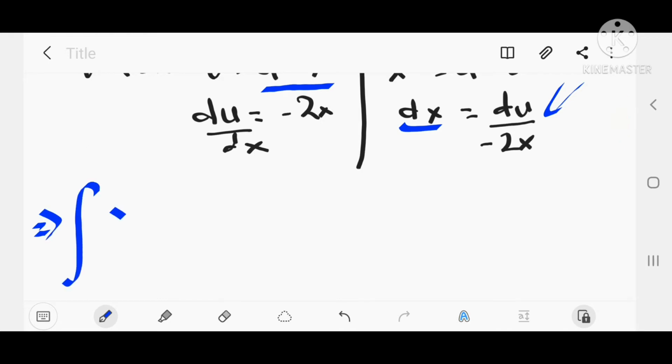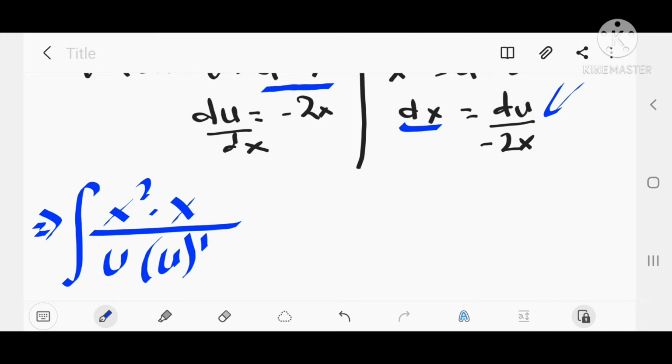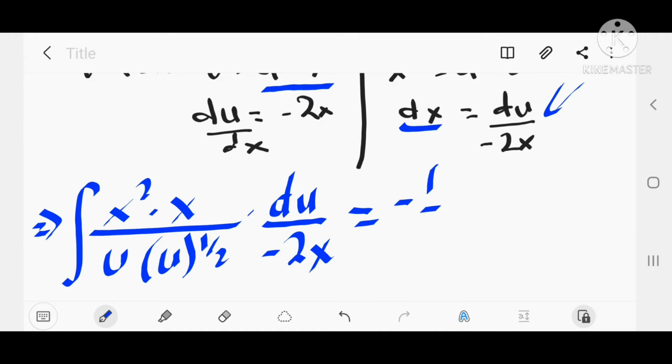This implies that our integral is x squared times x, on u times u exponent half, times du on negative 2x. The x and the x will cancel out. This is a constant, so the constant goes back as a coefficient of the integral: negative 1 on 2.